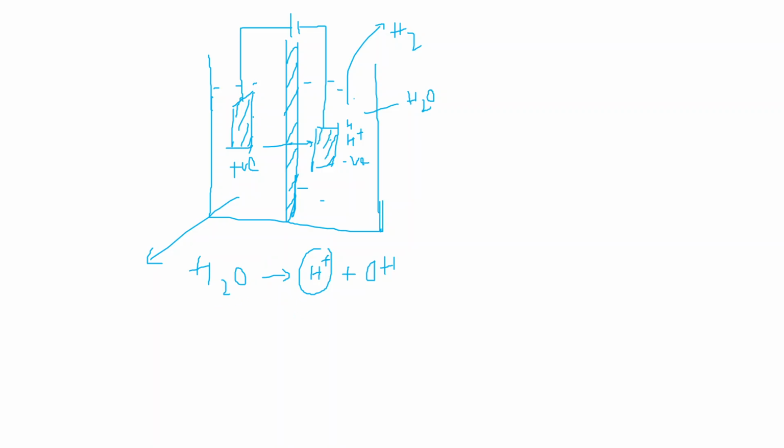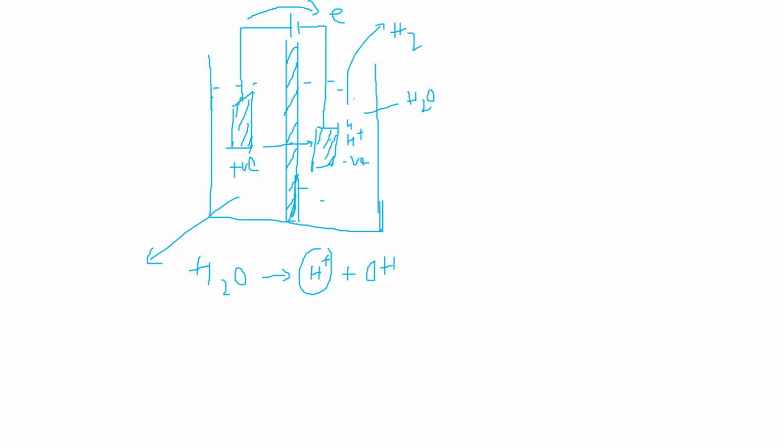Here, I am allowing only ions through the membrane, and electrons through the external circuit. If this is electrically conductive, then what will happen?